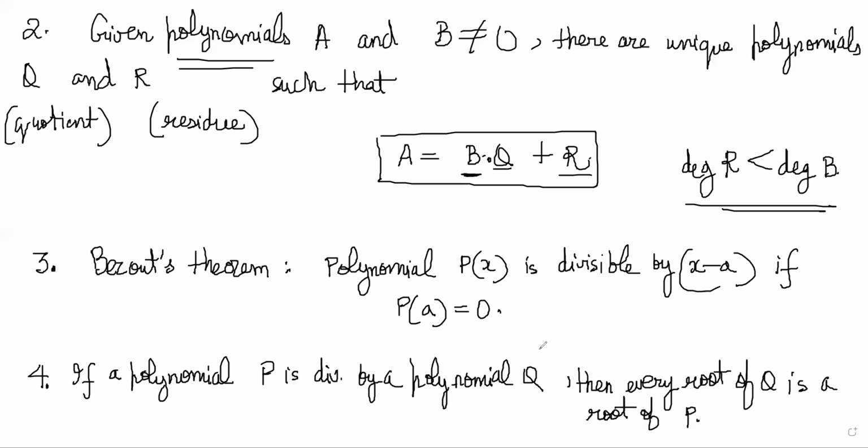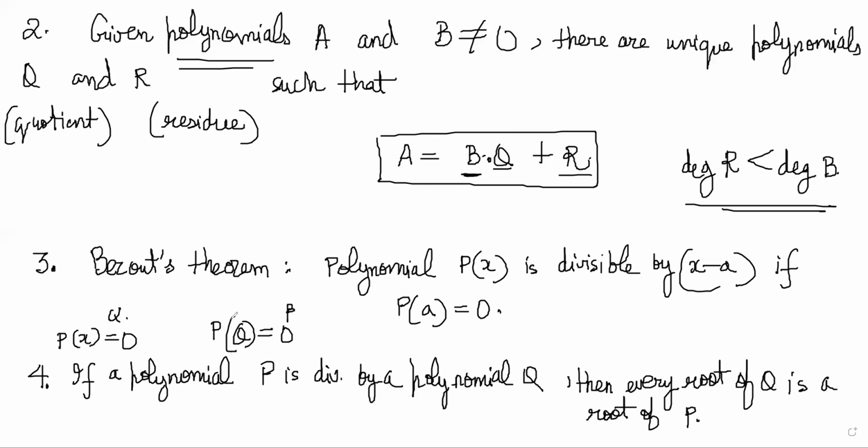So what do we mean by root of a polynomial? A root of a polynomial is any constant value that makes the polynomial equal to 0. So basically it's the solution of the equation p of x is 0. So if p of x is equal to 0 has some root alpha, and let's say q of x is equal to 0 has some root beta, and we know that q is a polynomial that divides p.